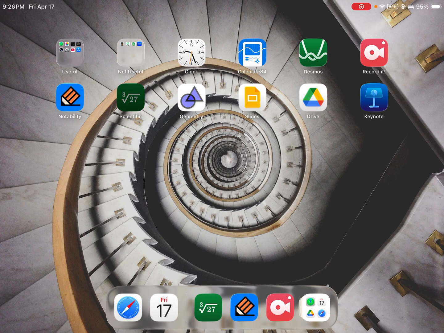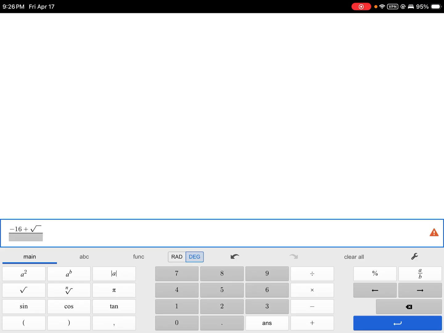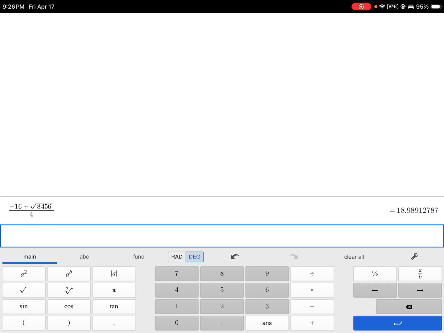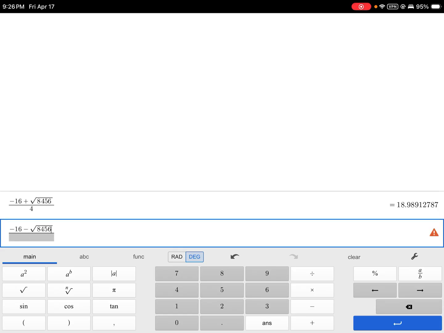Cool. Now I'm going to turn to my calculator. We have negative 16 plus the square root of 8,456 all over 4. And we have negative 16 minus the square root of 8,456 all over 4.